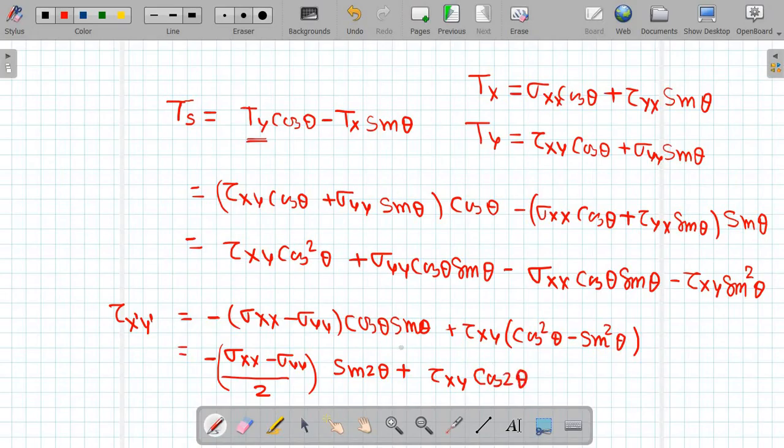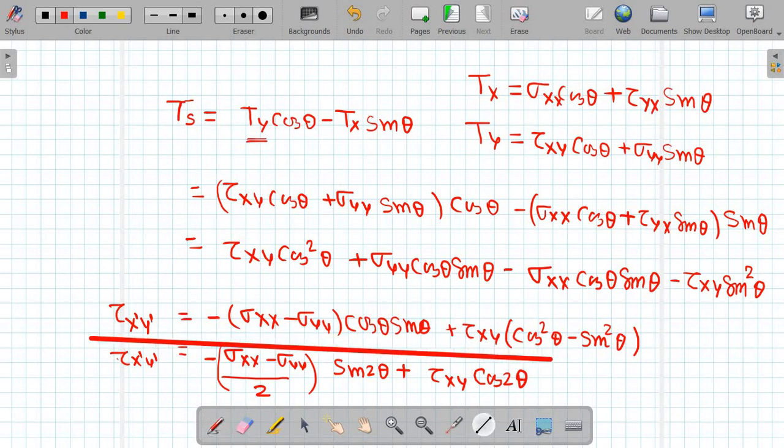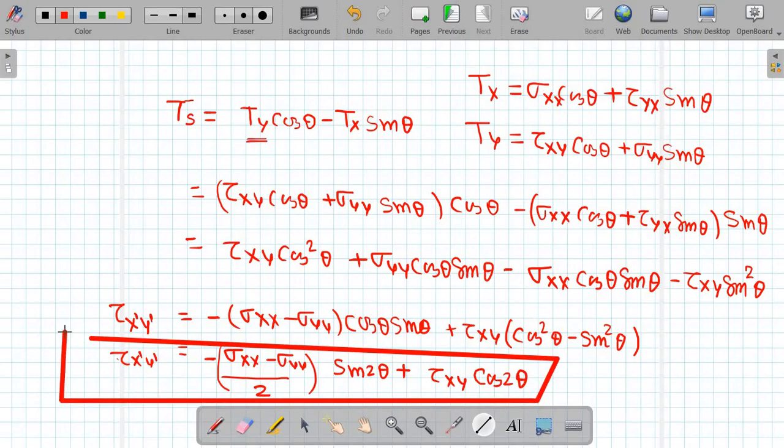So, now this is the expression of shear x dash y dash.